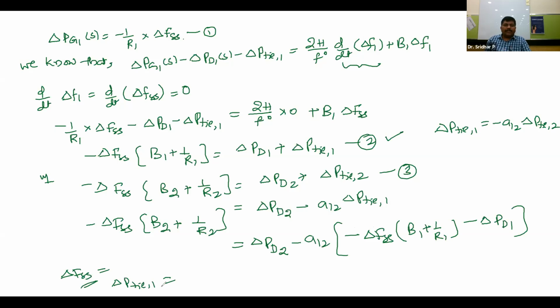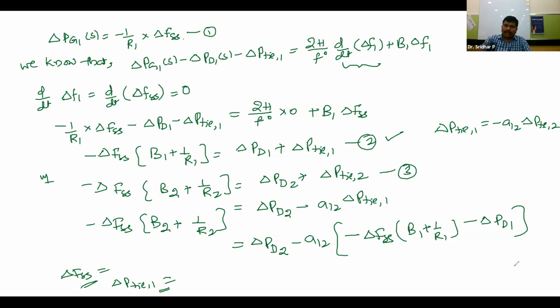One is for delta f ss, that is, in the uncontrolled case during steady state analysis, the change in the steady state frequency is delta f ss equal to some expression. Similarly, under steady state operation, what about the changes in the tie line power coming out of area 1? So these are the two expressions. I think you people are following it.